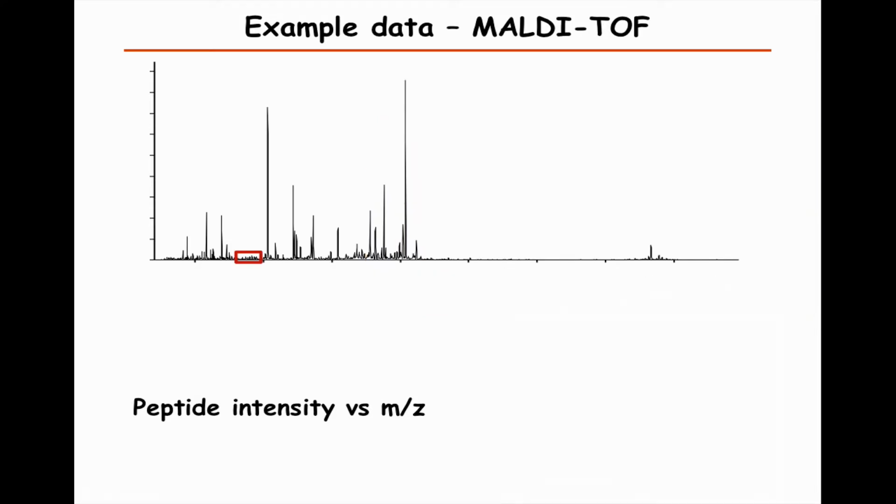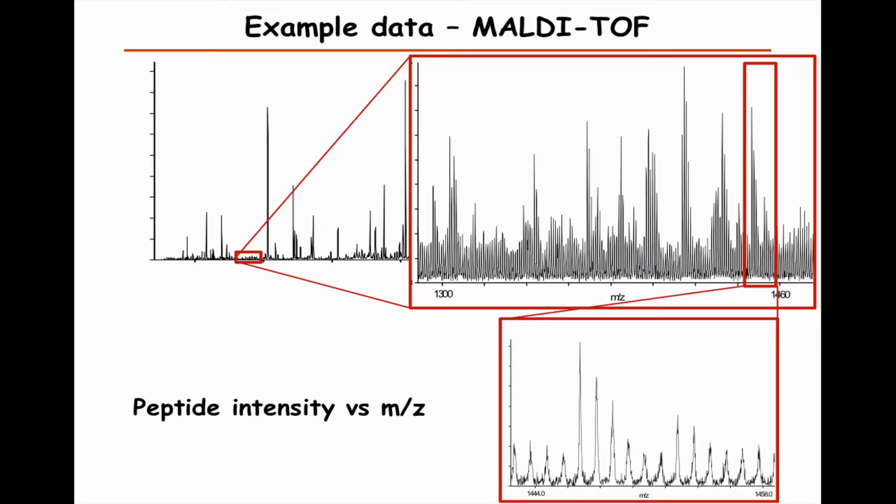But if we look at another region, where there isn't much signal at first, and zoom in, we see that there is a lot of signal. Again we see the isotope distributions of the peptides, and the curve is a little more jittery, so here we have more noise.